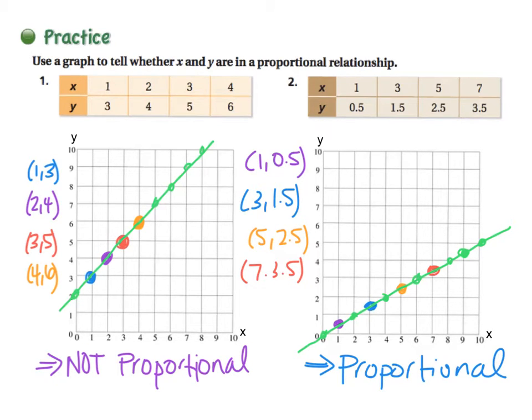So if we look at the answers, notice in number 1, we have the nice straight line, but our graph doesn't go through the origin, so it's not proportional. In number 2, we have a nice straight line, it went through the origin, and so it is proportional. Make sure you keep those differences straight as you go through the homework.